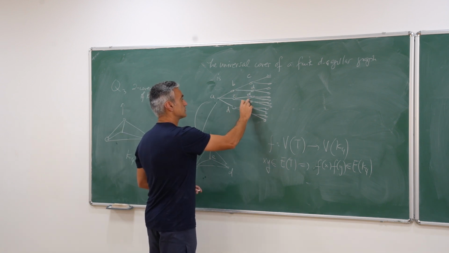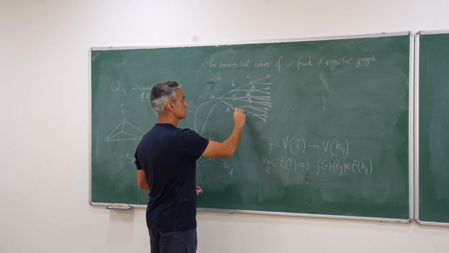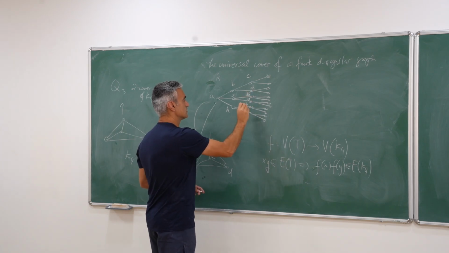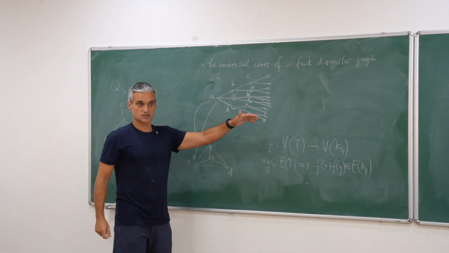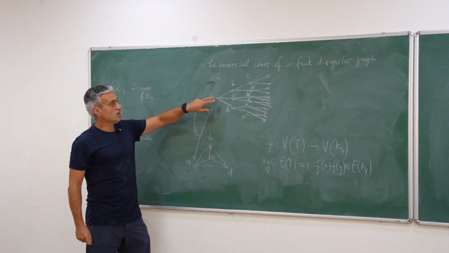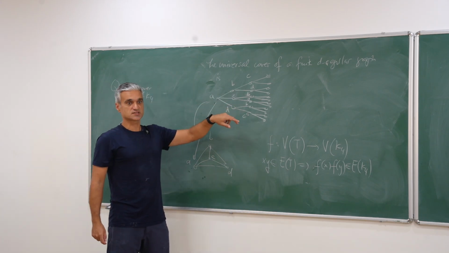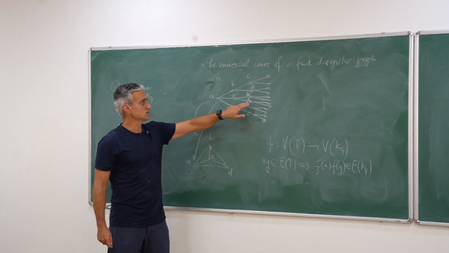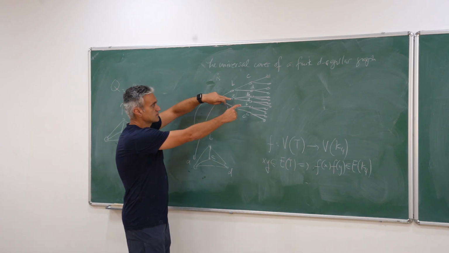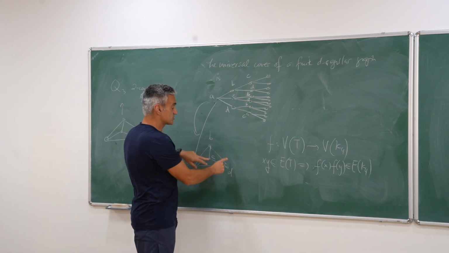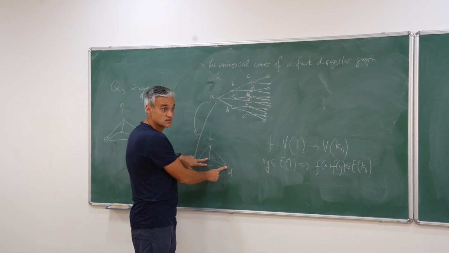So this continues like this, okay? And now, if you have 2 vertices here which are adjacent, let's pick C and D, well, that means these vertices get mapped to C and D here, which is an edge, okay?